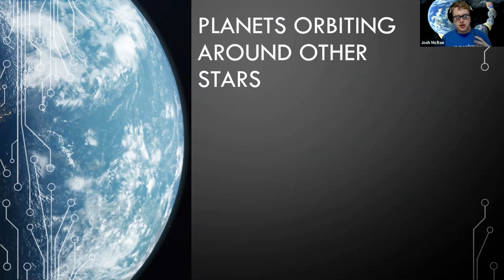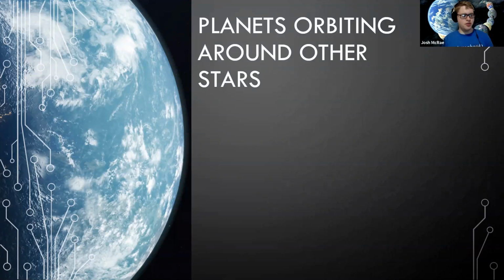The main way that we detect them is we look at the star and measure the brightness, and when we see a reduction in the brightness, it can mean a couple of different things, but one of the things it can mean is that there's a planet orbiting that star and it just went in front of the star relative to us. And again, how much that brightness goes down is proportional to the mass. So we can start trying to study these things once we know that they're there.